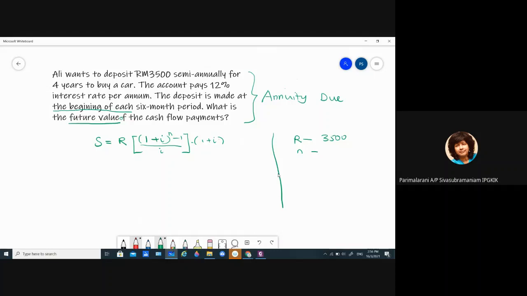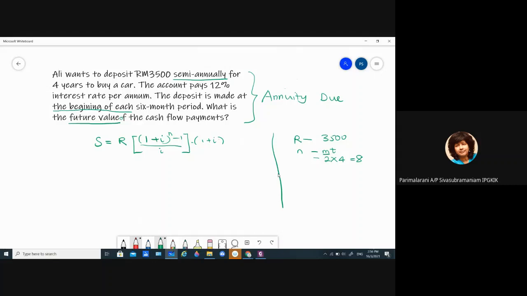How many times? We know the n is actually mt. m is the number of times compounded yearly. How many times is compounded yearly? 2. 2, yes. Semi-annually, that means twice. Times by number of years, the term is 4. Therefore, our n is 8.